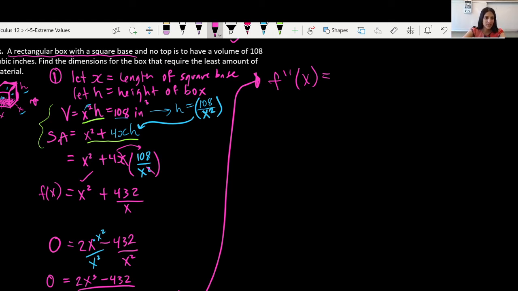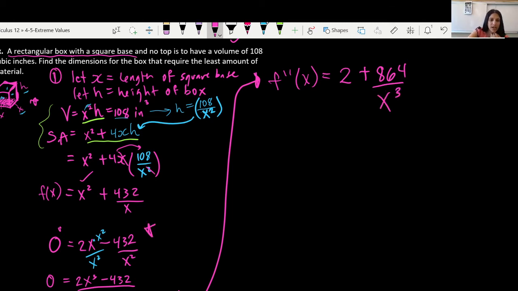As we are looking for our second derivative, again, I would go back to my first derivative that I found here, and oh, that was back here, and I ended up getting rid of it. So it was 2x minus 432 over x squared, and our second derivative is going to be 2 plus 864 over x cubed.